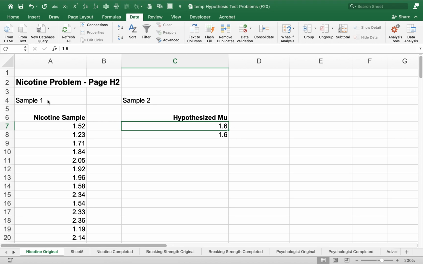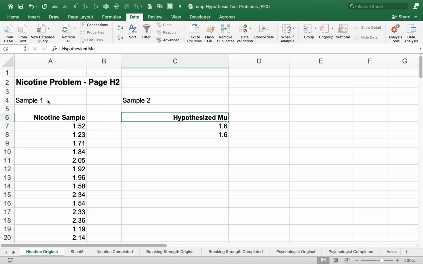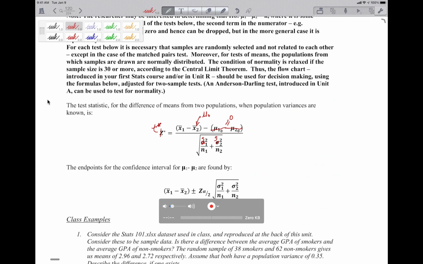Now we're going to fool the computer into thinking that we have two samples, one from one population, which is really the only sample we have, but we're going to fool the computer into thinking that this is a second sample. But all it is, it's the hypothesized mu. So let's go back over here and say the mean, of course, of two 1.6s will be 1.6.